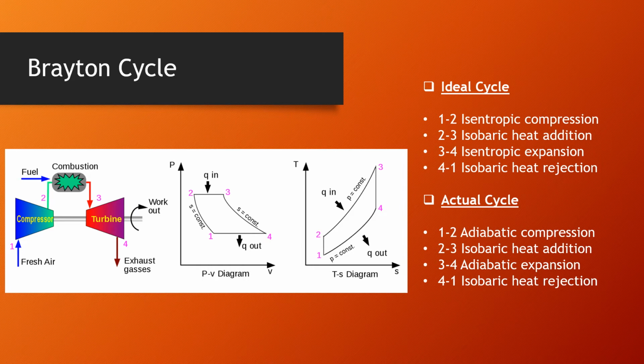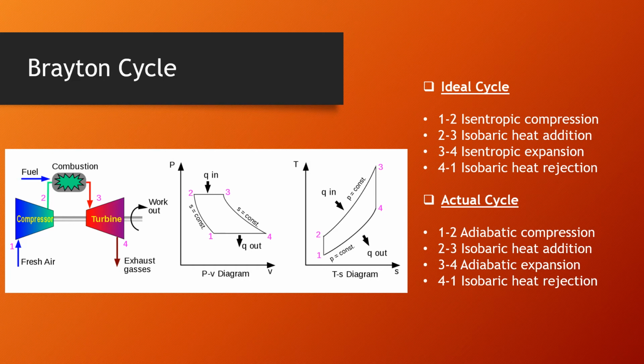Now the ideal cycle says that on the compressor from 1 to 2 you have isentropic compression. Then on the combustion chamber 2 to 3 you'd have an isobaric heat addition. 3 to 4 would be your isentropic expansion, where you'd have work done on your turbine. And then 4 to 1 would be your isobaric heat rejection to the atmosphere.